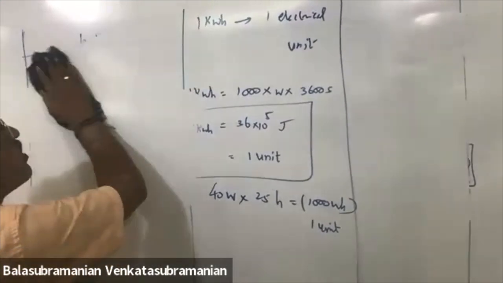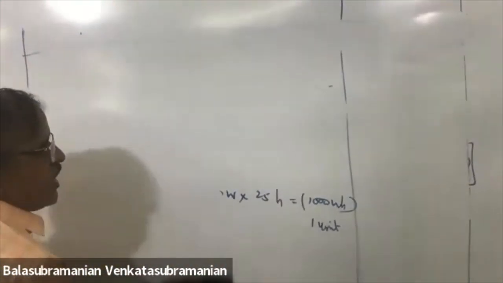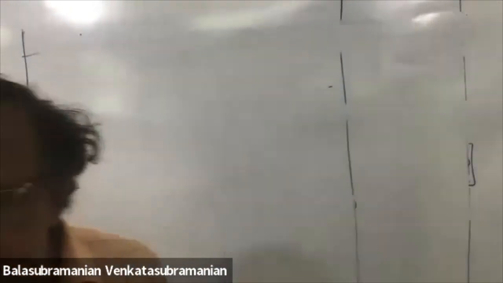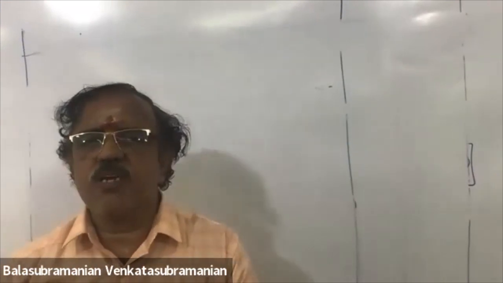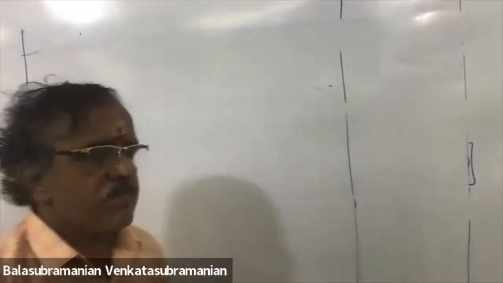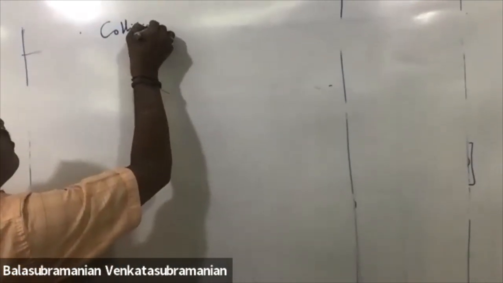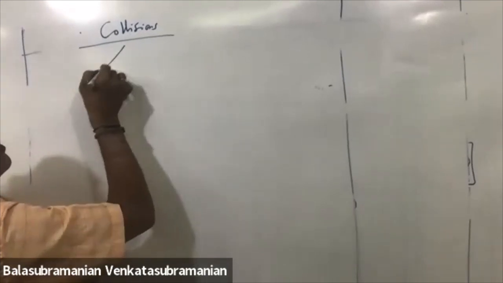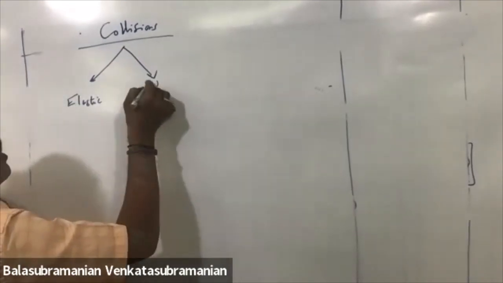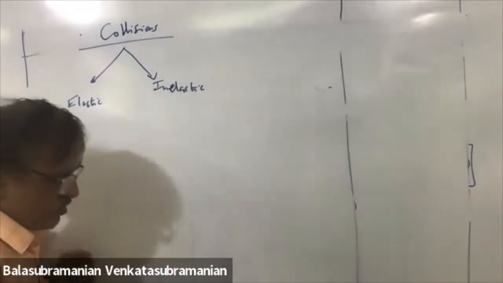Next, collisions. There are 2 types of collisions. Collision means one body is colliding with another body. Elastic collision and inelastic collision, 2 types.